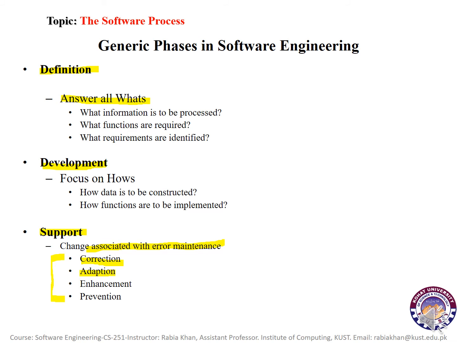The other type of support that we can provide is enhancement. The more software is used by customers, the more functions or features are highlighted by your customers to make the software more beneficial. Those are requirements which were not provided earlier by your customer.